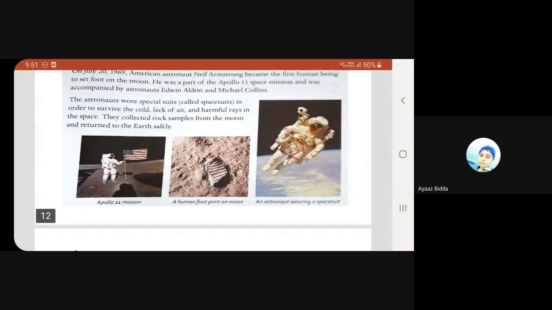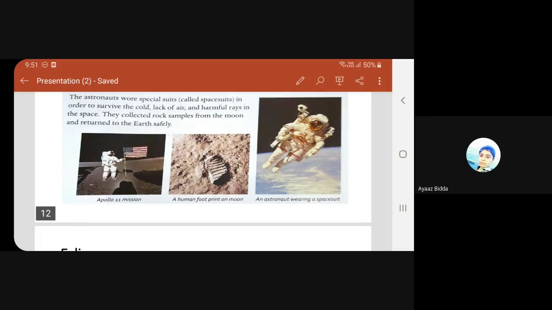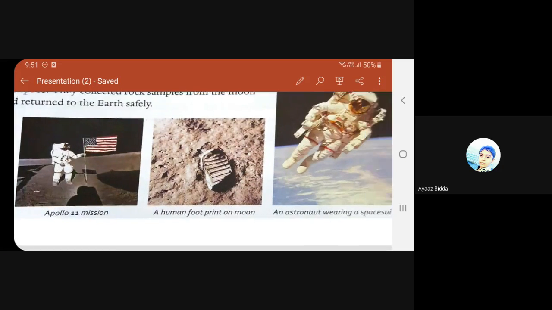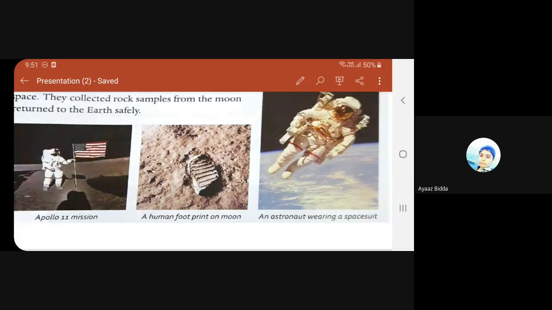And on the moon there is so much radiation, and lots of cold, and air is not present. So how can a person survive over there? Harmful rays are also there in space. So to protect themselves, they have to wear such special suits. Not only did they reach there, but they took some samples of the rocks also. They brought them back so that they can do research.